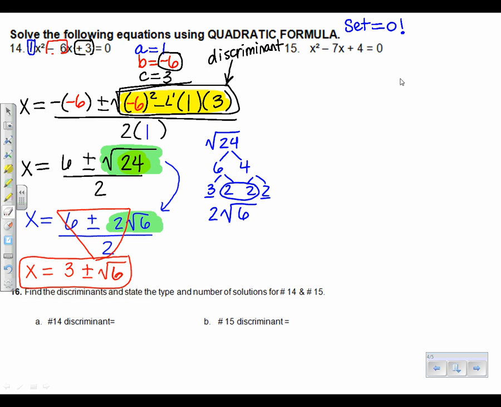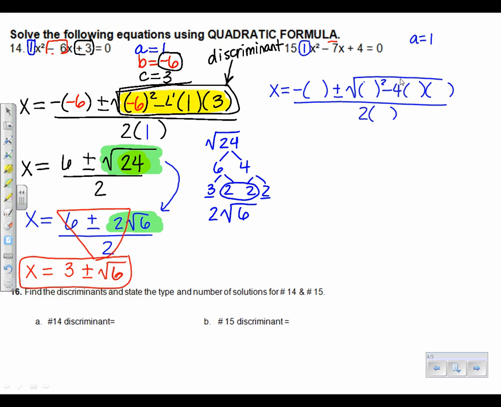Okay, number 15, same thing. I already have it set equal to 0, so I plug into my formula x equals negative b plus or minus the square root of b squared minus 4ac all over 2a. So on this one, my a value again is 1.